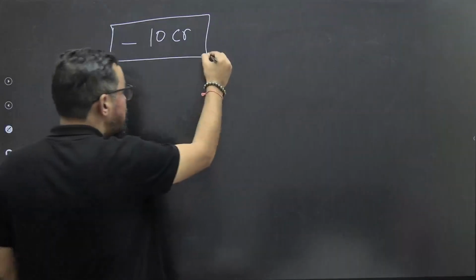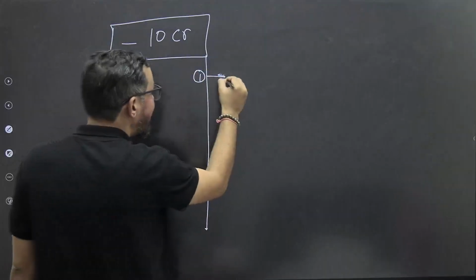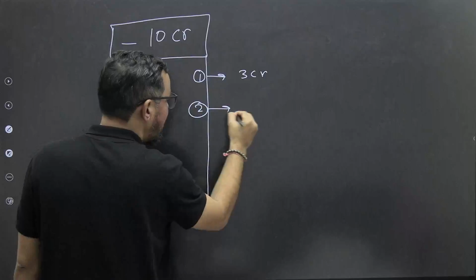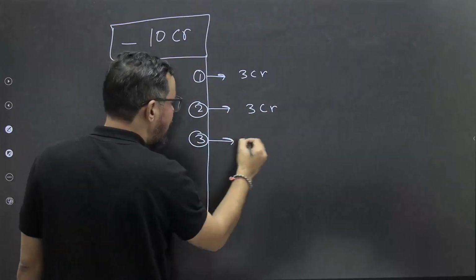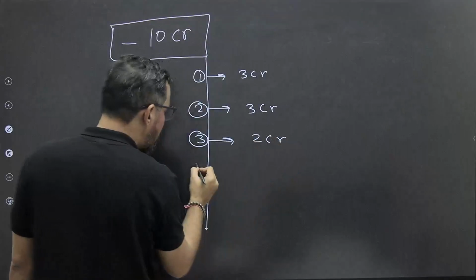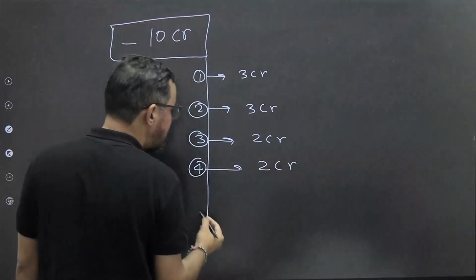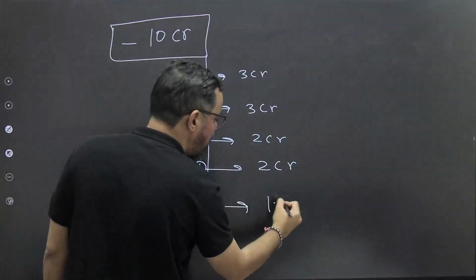Let's say this project is for 5 years, and in the first year you are getting 3 crore rupees. Second year, again 3 crore rupees. Third year, 2 crore rupees. At the end of the fourth year, your return is again 2 crore rupees. And in the fifth year, your return is 1.50 crores.